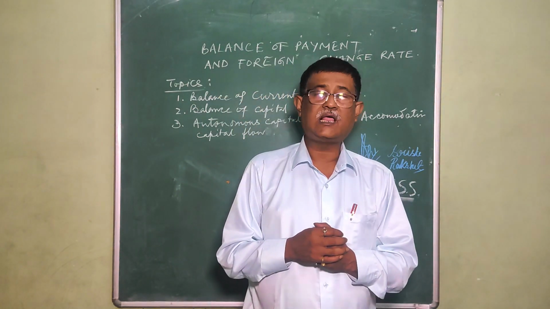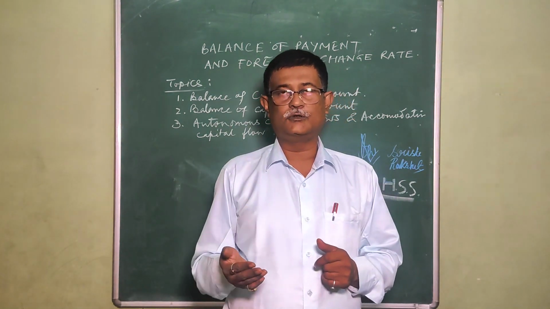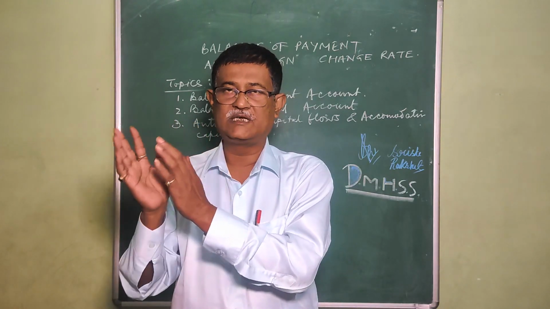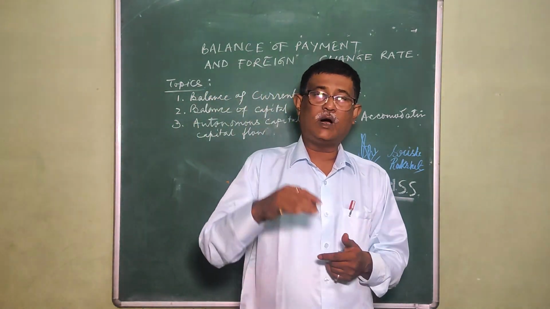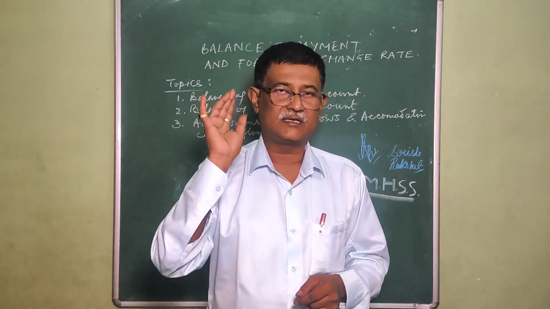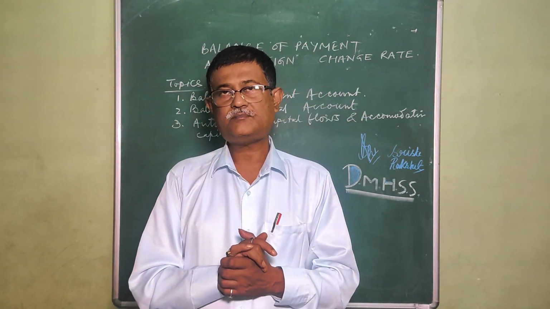Now in this situation, through accommodating capital flows, the balance of payments position is brought into equilibrium. Now we will be coming to the causes of adverse balance of payments position, or what factors lead to the disequilibrium in the balance of payments position.